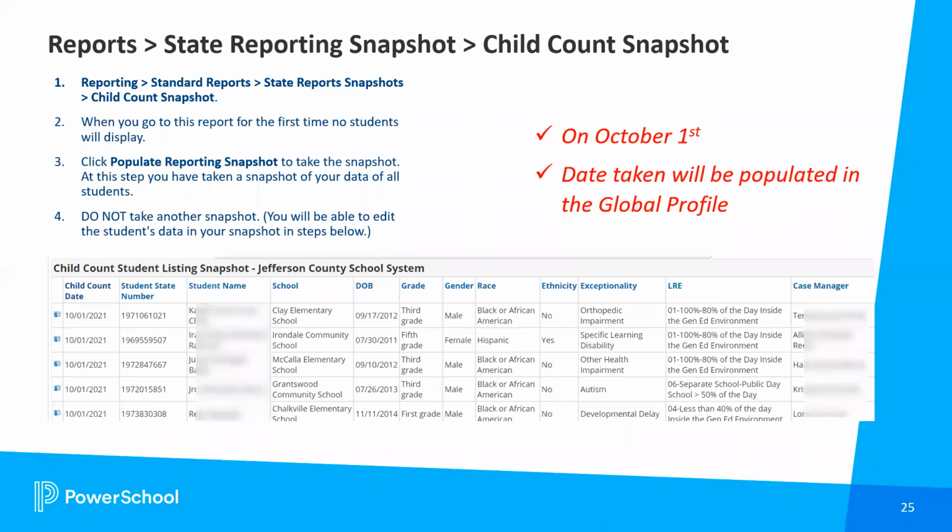Be very specific about the student ID number and what you're trying to do, and we'll reach out. No names, just ID numbers and your district. We're trying to keep your student information data out of our emails because that's a violation of privacy. If you just give us the IDs, then we can actually take a look.